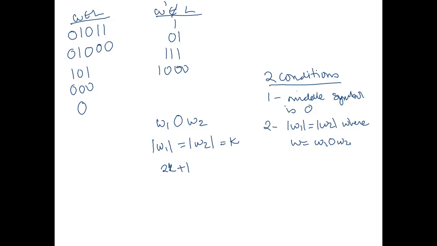So what we're going to do is use non-determinism to guess the middle of the string. We're going to guess basically the location of this 0. Phase 1 is going to be to count the length of W1.